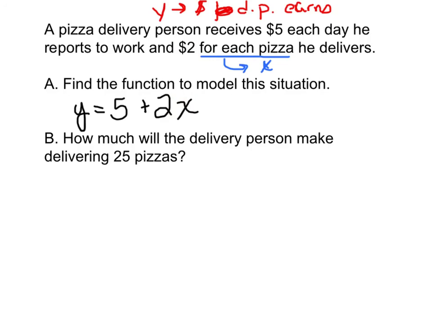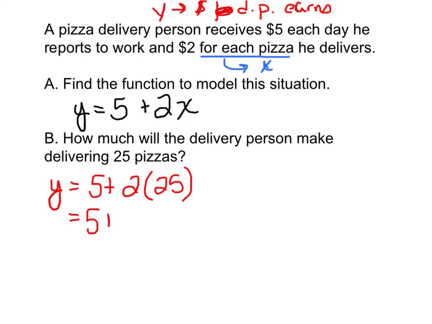So using this equation, how much will the delivery person make delivering 25 pizzas? The easiest thing to do, in my opinion, would be to take this equation, let 25 be your x value, and then go ahead and solve it. 5 plus, remember to do multiplication first according to order of operations. So he'll make $55 delivering 25 pizzas.